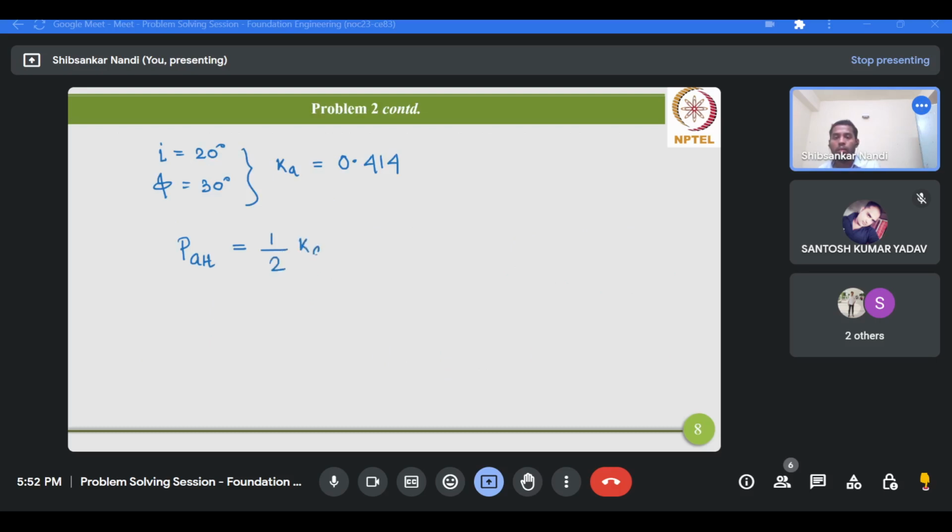Therefore, the horizontal component of the resultant active thrust will be half Ka gamma h square into cos I. Half into 0.4, gamma value is 18, h square. So approximately 350 millimeter.